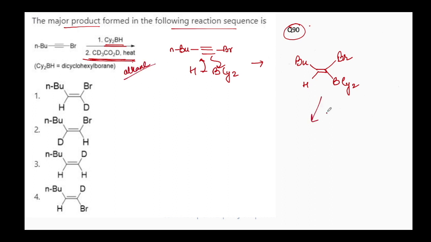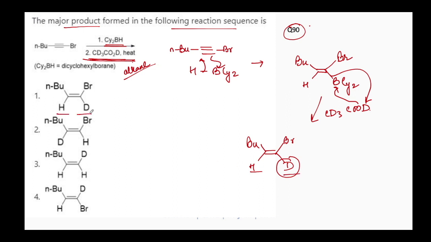So where is the deuterium going to add? That is the question. The acetate is going to attack over boron and the bond is going to fall over deuterium. So this is a stereospecific reaction, guys, without any doubt. The deuterium adds on the same carbon where there was boron. So boron was right over here, deuterium adds over here, hydrogen and deuterium are on the same side.